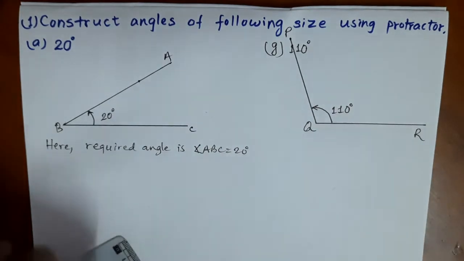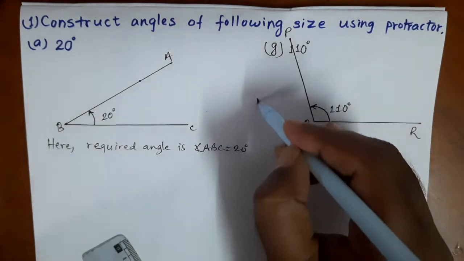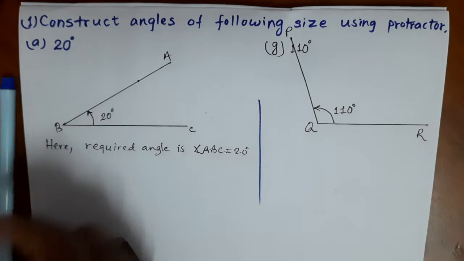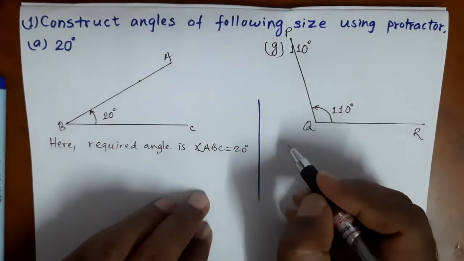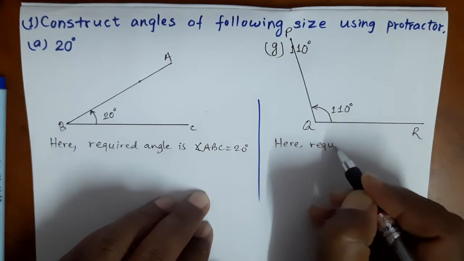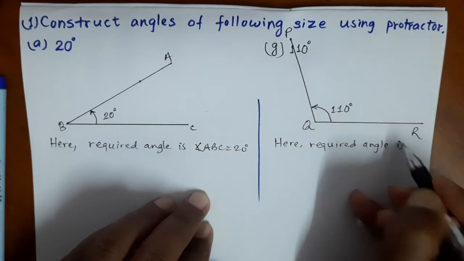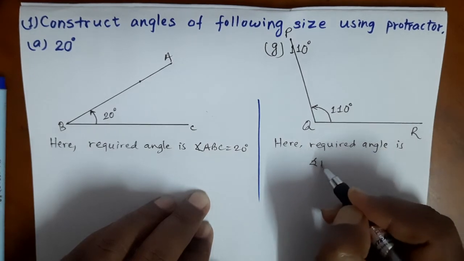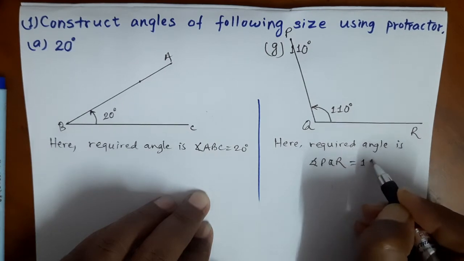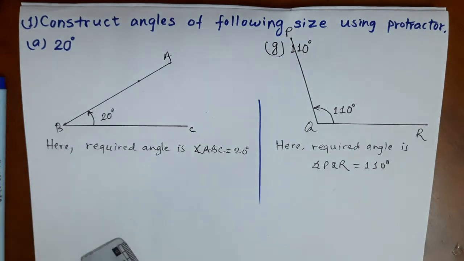So here the required angle is angle PQR equals 110 degrees. This 110 degree angle is prepared.